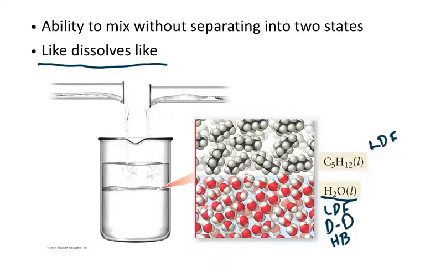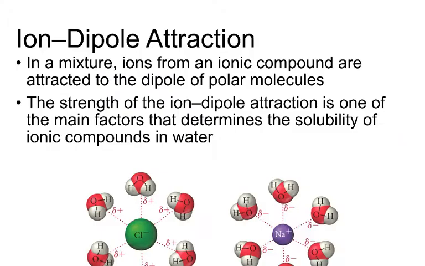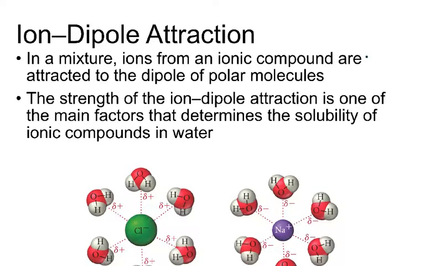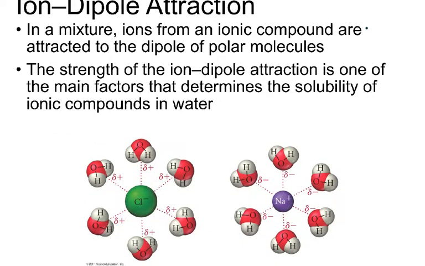So if you want to predict if two liquids will dissolve in each other, you have to look at the intermolecular forces. If they are like each other, they will be miscible. Another example of this is ion-dipole attraction.